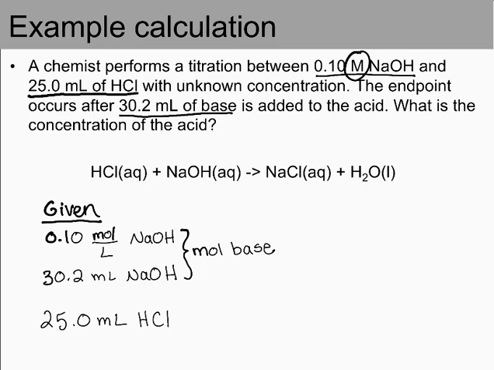So that's what we're trying to solve for. So what we need is the molarity of HCl, so the moles per liter. Now we already have the volume, it's 25 milliliters, but we don't know how many moles of HCl we have. So really what we're trying to find are moles of HCl.